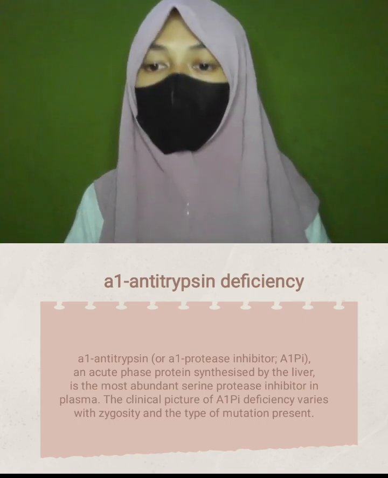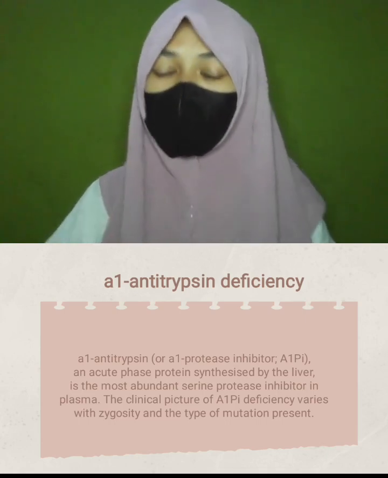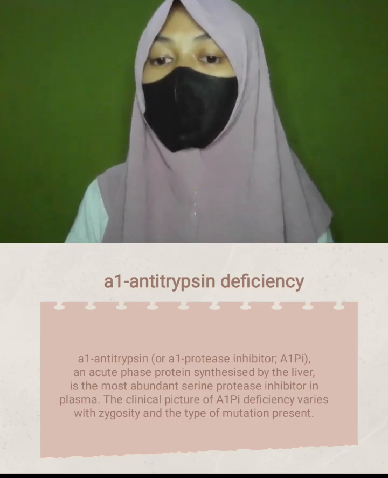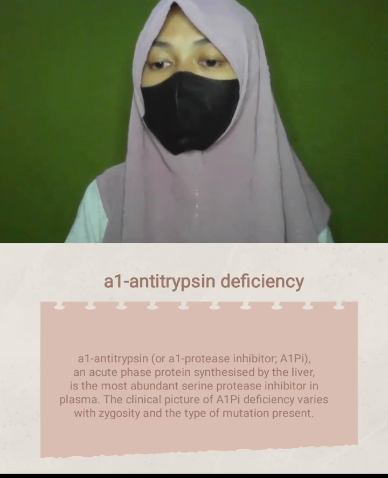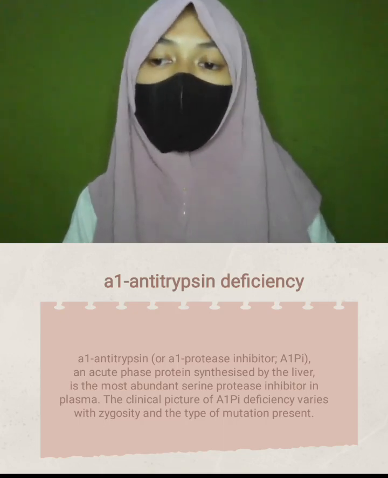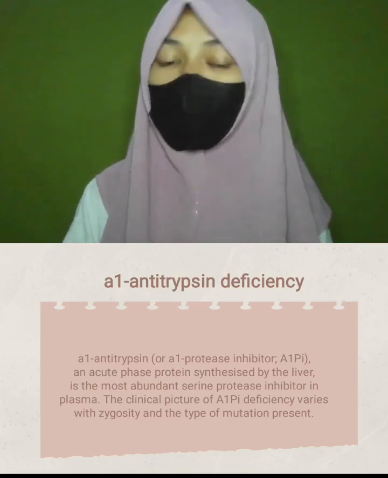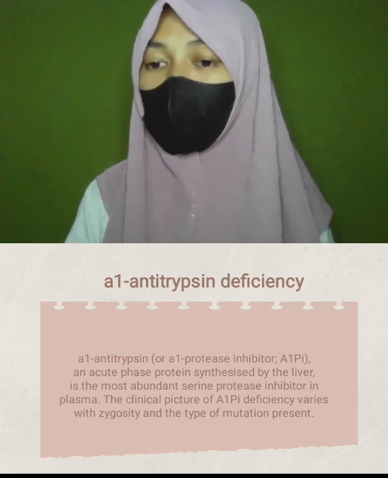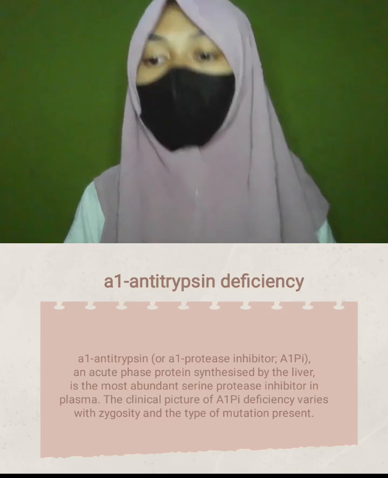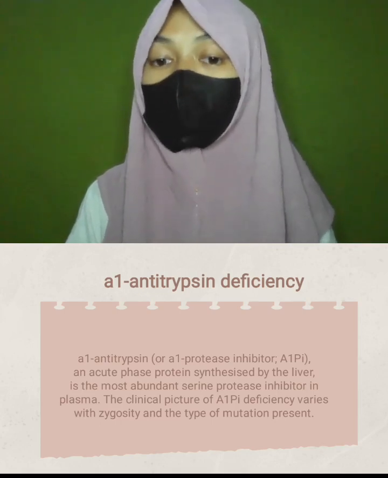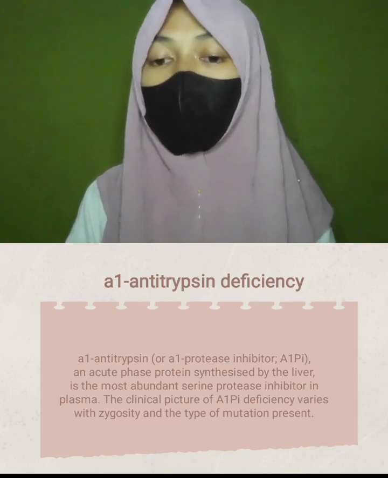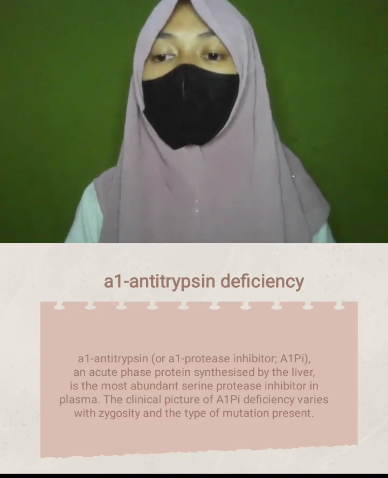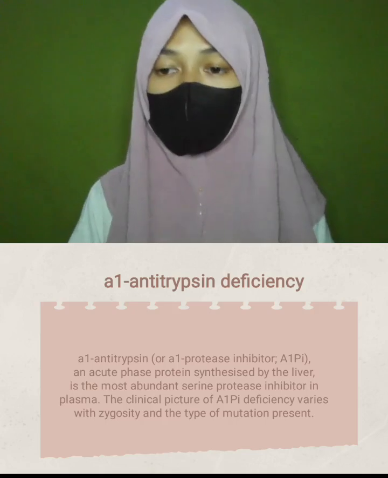Finally, so-called deficiency mutations direct the synthesis of an aberrantly processed molecule. The most important member of this class is the allelic variant PIZ, replacement of the glutamic acid by lysine at position 342, which is the most frequent A1PI mutation overall with an allele frequency of 0.01 to 0.02 in Caucasians.